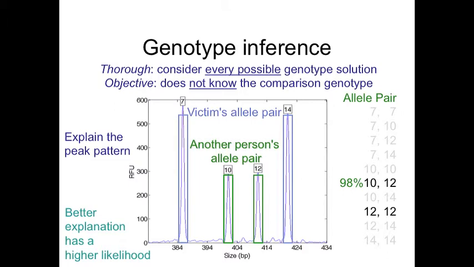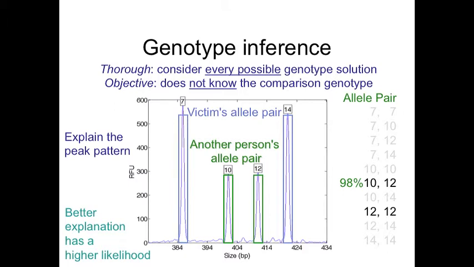And by adding these rectangles together and accounting for other artifacts and variations in the DNA experiments in the lab, the computer compares the patterns that it proposes against the data. This pattern, a lot of 7-14 and a little bit of 10-12, explains this data very well. So it has higher likelihood.